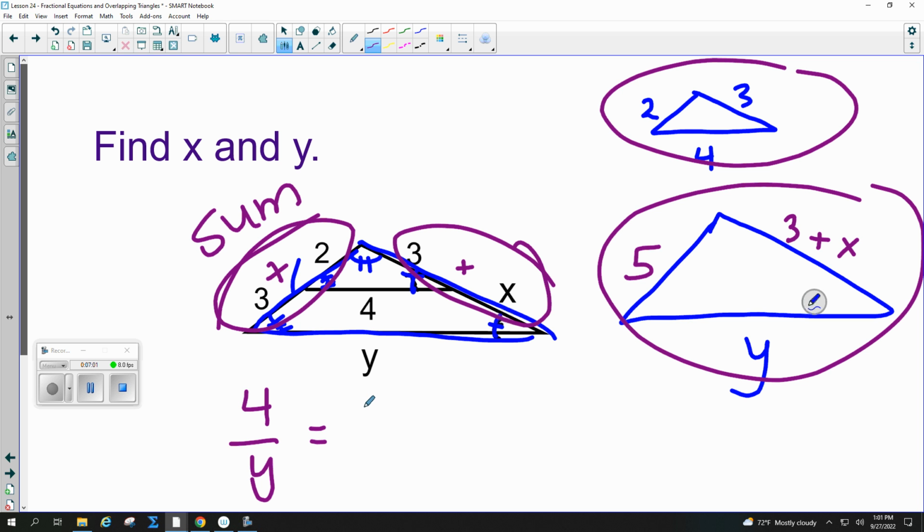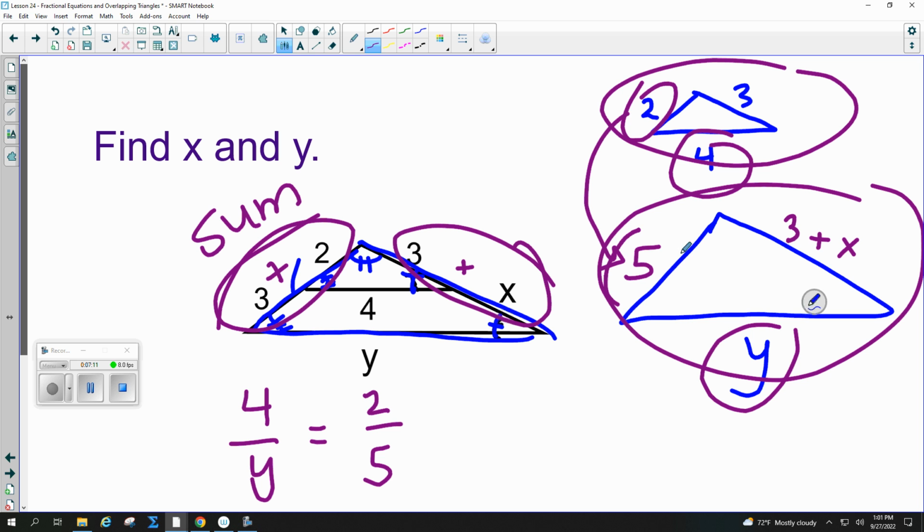Yeah. Close. Sorry, 2 over 5. Yep, there you go. Okay, so if you do the 4 to the y, the little one to the big one, then you can do the little one to the big one. Now, you don't have to draw the triangles separate. You just need to remember to add this right here, okay? So that's one way to do it.